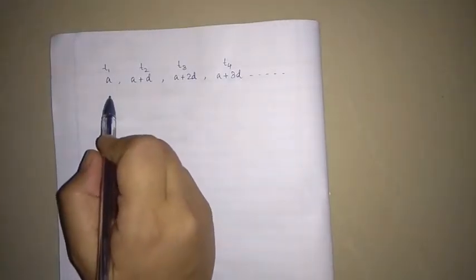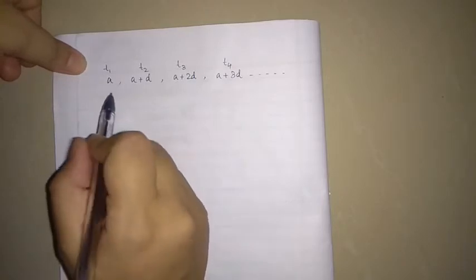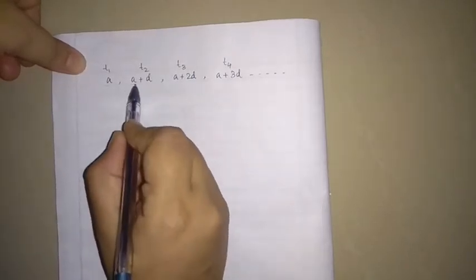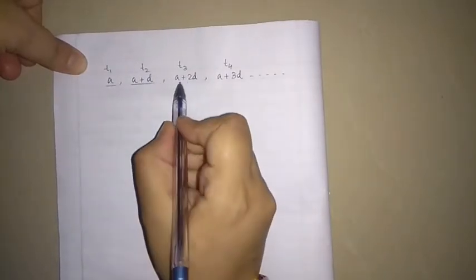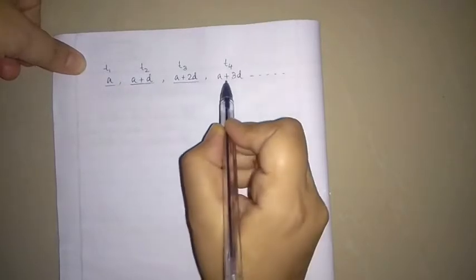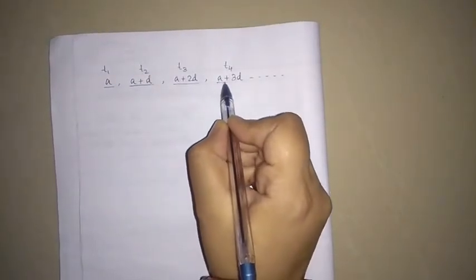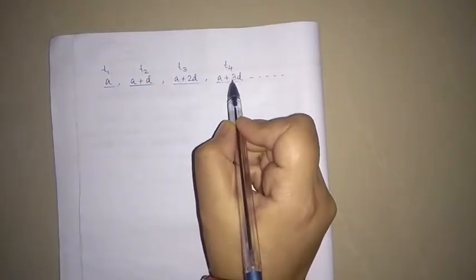If we examine our series, the first term is a, the second term is a plus d, the third term is a plus 2d, the fourth term is a plus 3d, and so on.